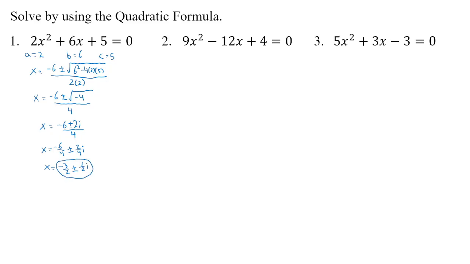Therefore, the solutions are negative 3/2 plus or minus 1/2 i. Now notice I said solutions, not solution, because there are actually two solutions. You've got negative 3 over 2 plus 1/2 i and negative 3 over 2 minus 1/2 i.